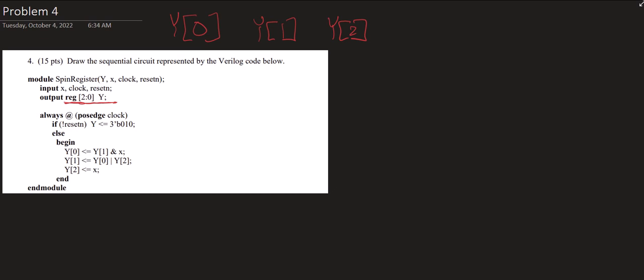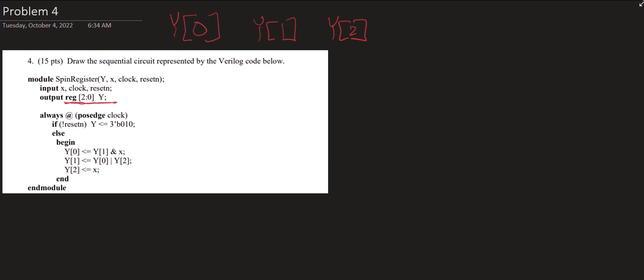What that means is you would reset if the signal is 0, and if it is not 0, then it is not resetting.